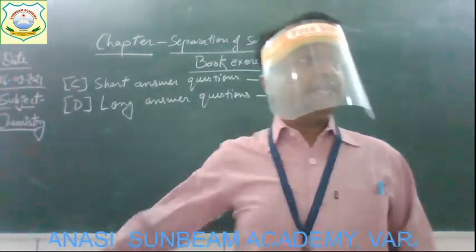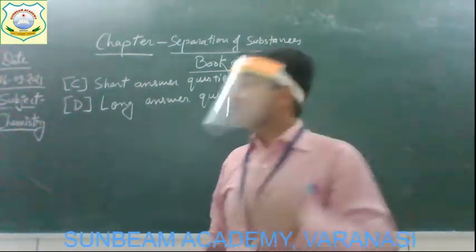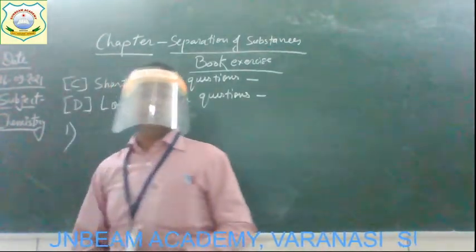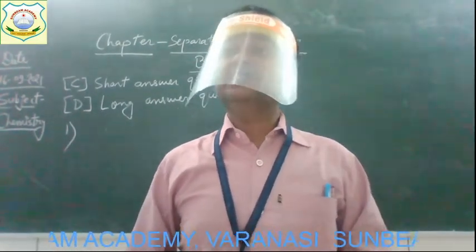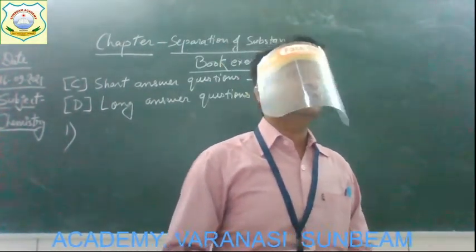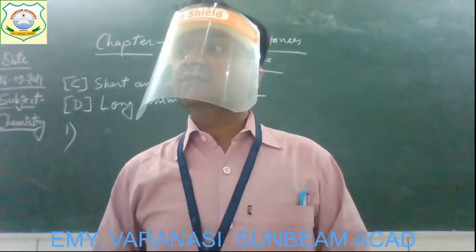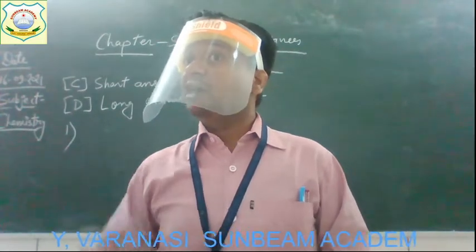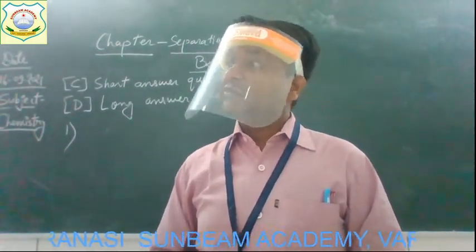Children, you have to write the answers to these questions in a paragraph. So come to the first question, number 1. The question is, what is the difference between homogeneous and heterogeneous mixture? Give an example of each mixture. What you have to do here is differentiate homogeneous and heterogeneous mixture with examples.